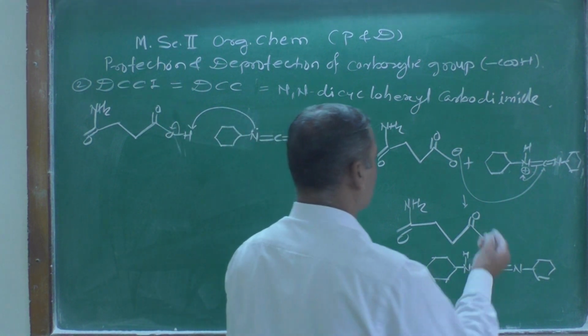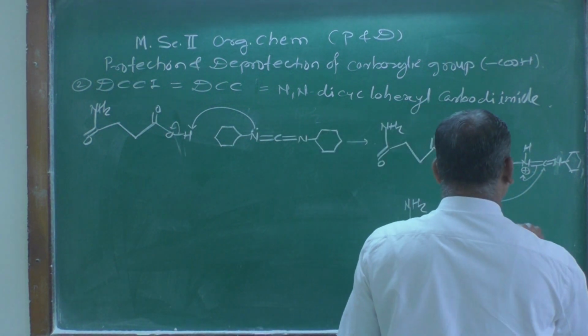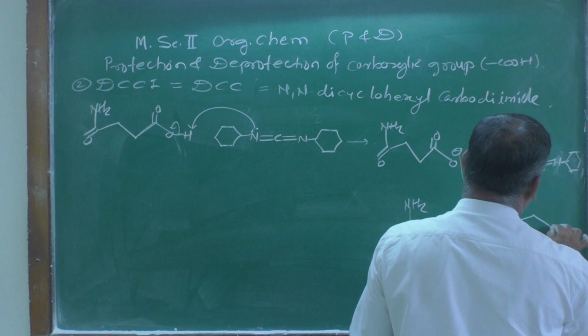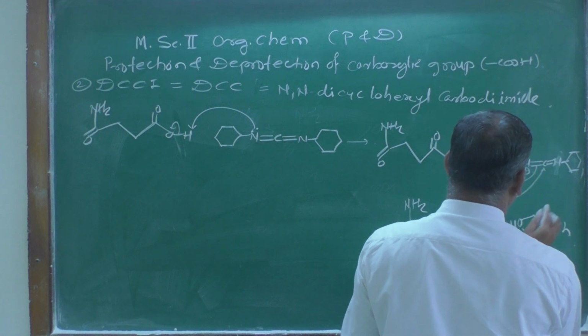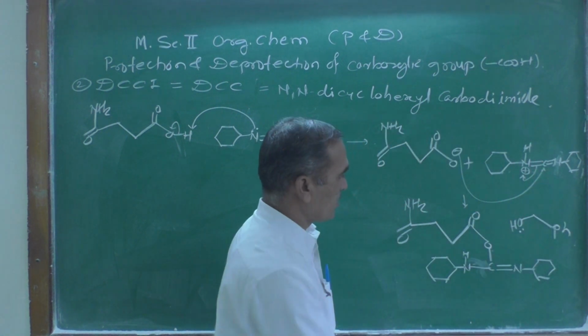Now next we are using HO, the lone pair which is present on the oxygen atom.